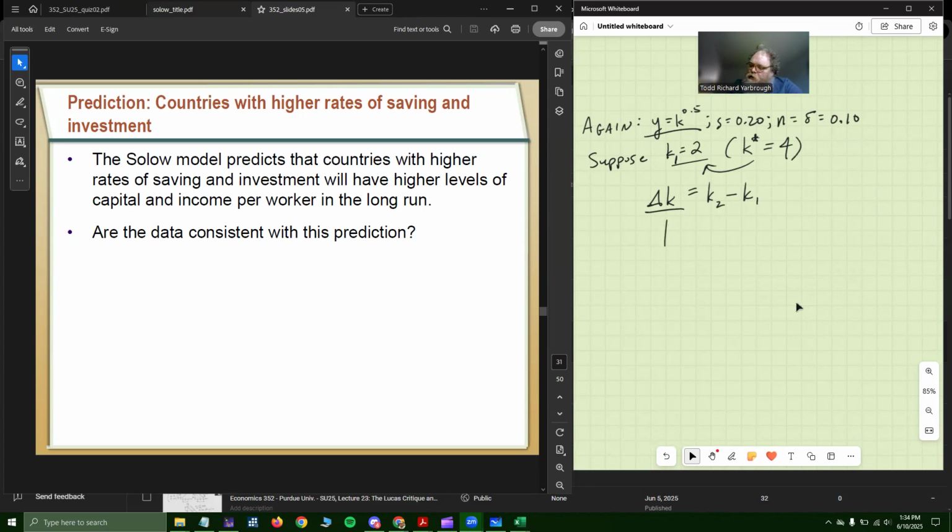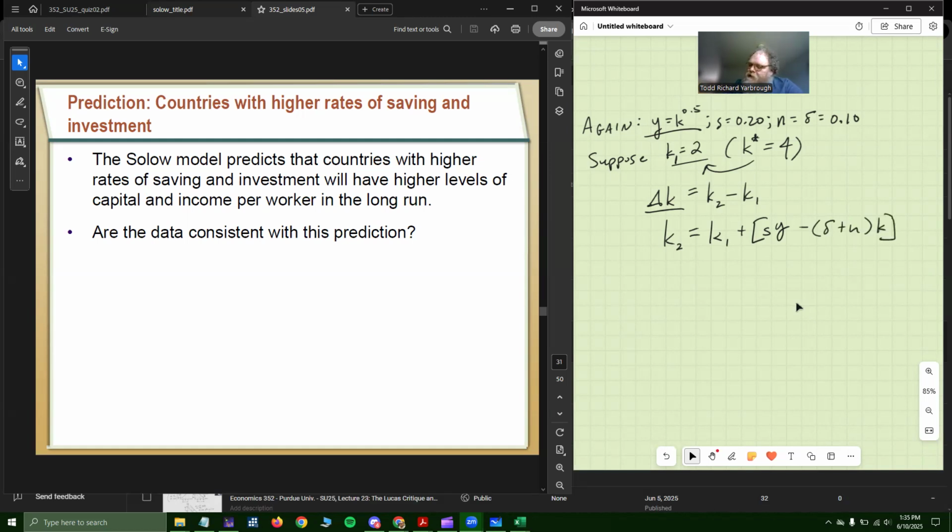So capital per worker in time period 2 is first going to be capital per worker in time period 1, the existing capital stock from last period, and then plus, and I like to think about this next piece as just the adjustment mechanism, if you will, in the economic system. And the adjustment mechanism here is defined by the savings rate times output per worker, minus depreciation plus population growth times capital per worker, right?